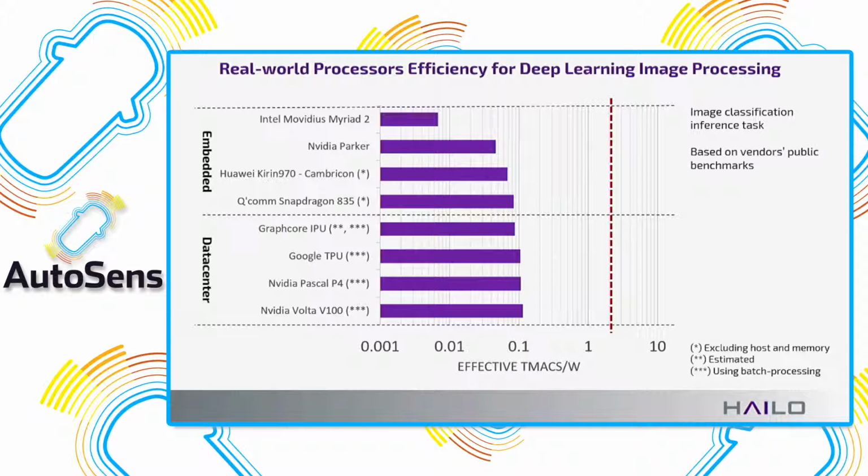Now, going back to the overview that I've given, from our analysis, even given all these limitations, these numbers can improve by around half an order of magnitude, give or take, meaning for data center, they'll be somewhere around here, and for embedded, somewhere around here.